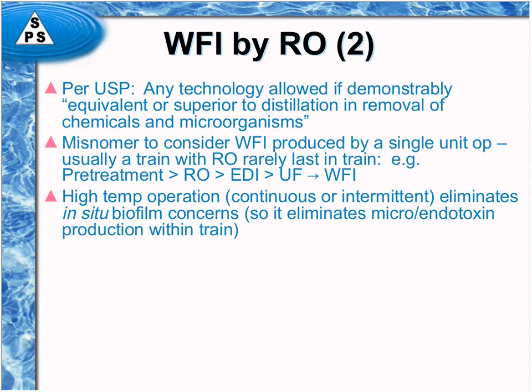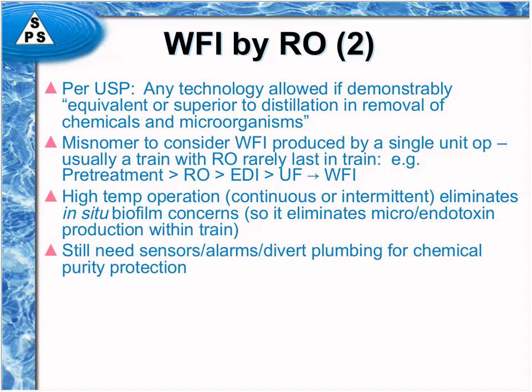And so this eliminates any microbial or endotoxin contamination originating on the downstream side of the membrane, then going forward into your process. You still are going to need to have the sensors and the alarms and the divert plumbing and all that stuff, just like a still would have, in order to make sure that bad quality water wasn't put into your distribution tank. So you still need to have those same kind of controls.